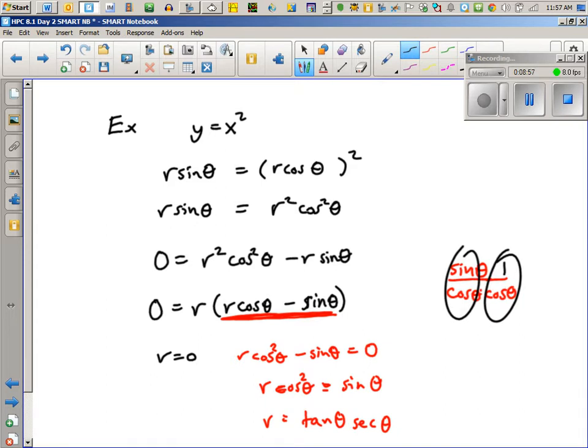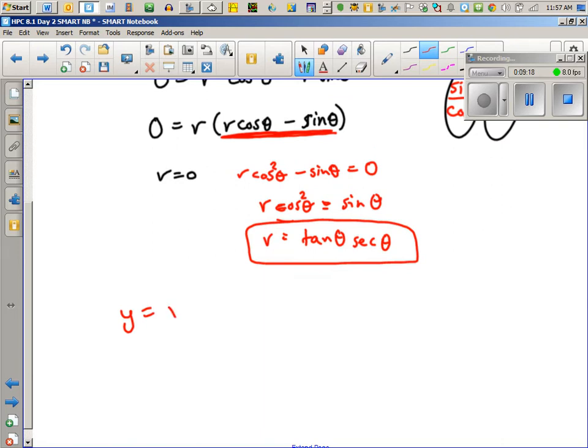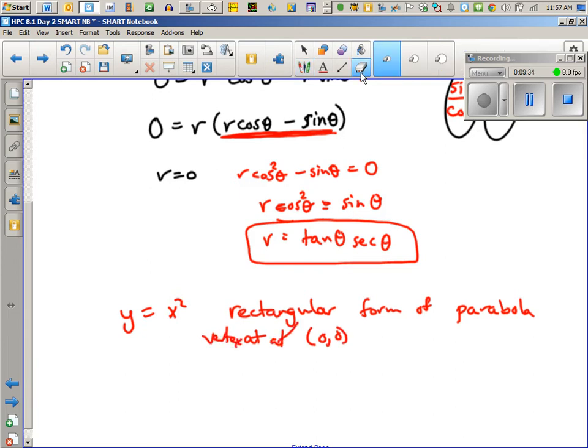Now, I would much rather graph y equals x squared than graph r equals tan sec. I just think r equals tan sec is kind of confusing. But honestly, they're exactly the same thing. So let's write our conclusion at the bottom of the page. y equals x squared is the rectangular form of a parabola with vertex at 0, 0, right?